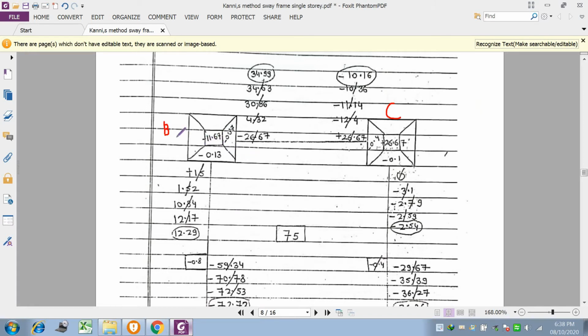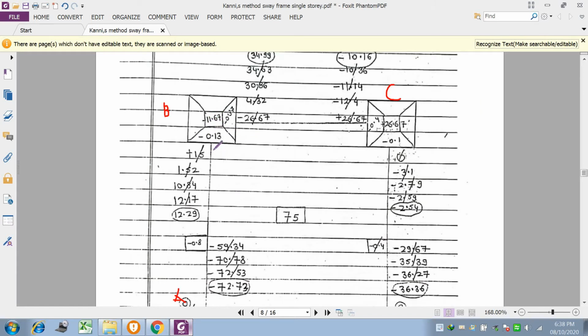So start the first iteration. Before starting the first iteration, you have to get the central value. Let us see how the central value will come. Initially you have to sum the fixed end moments at a particular joint. Let us consider joint B first, because in clockwise direction joint B comes first.